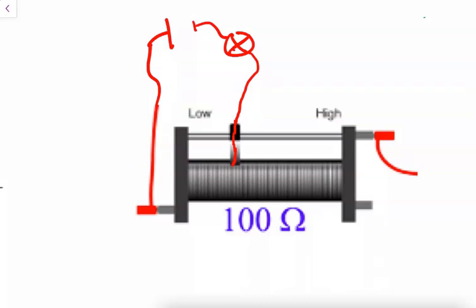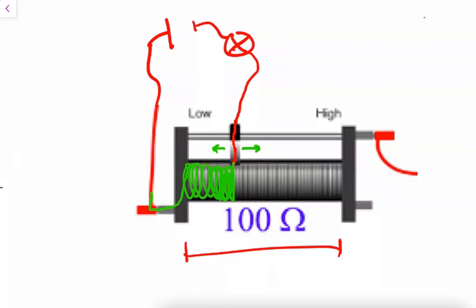This whole wire coil is 100 ohms. But what we're doing is we can move this left and right. And when we move it left and right, we are increasing the resistance applied in the circuit. At this moment, it's connected right here. And that means it goes through the coil, and then eventually comes out. And then that's the resistor.